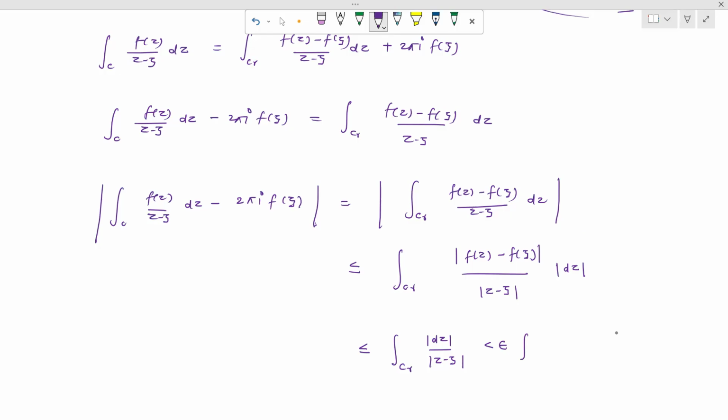So we write down this as integration 0 to 2 pi of dz.